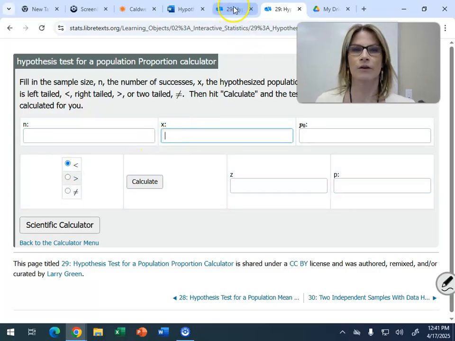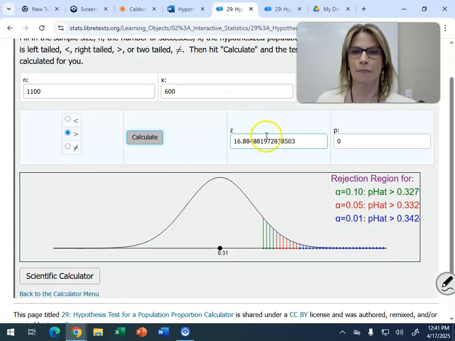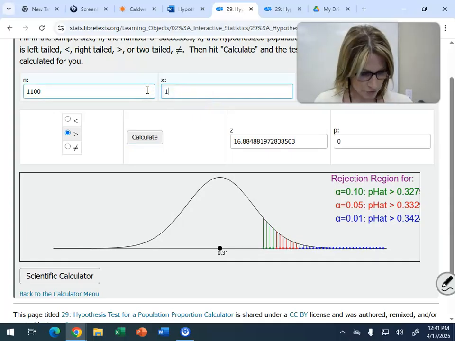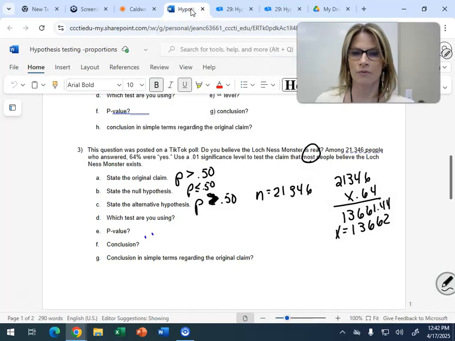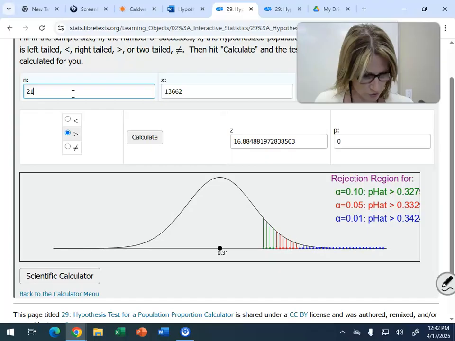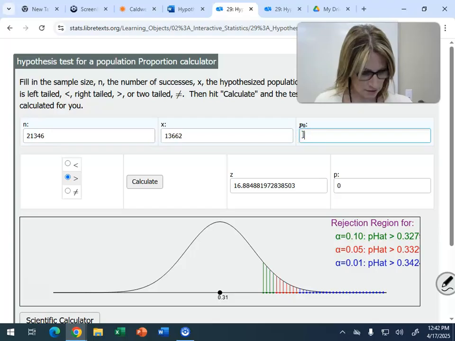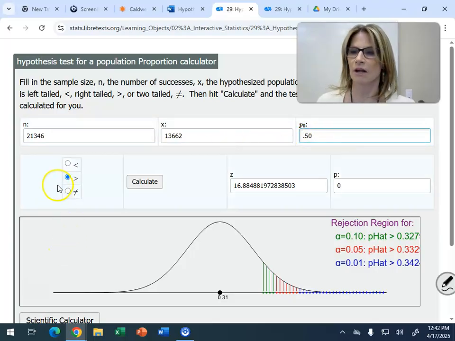Okay, and I think our numbers were 13,662 out of 21,346, and this time we are testing against 50%, more than 50%.